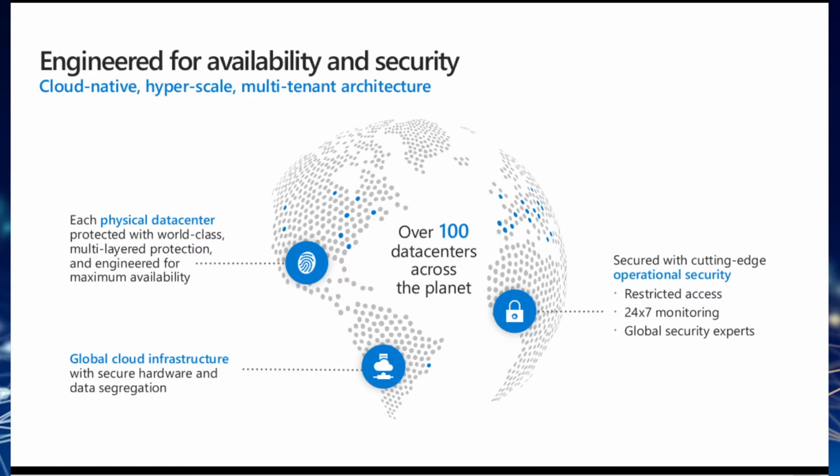The first side is the secure foundation of our cloud services. This is about how we operate our own cloud services. We have some of the world's best physical security, with fences and barbed wire and so on, to provide secured building environments, and within those buildings, secure server environments.